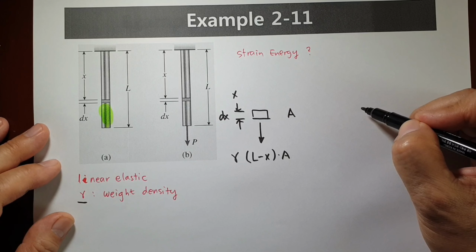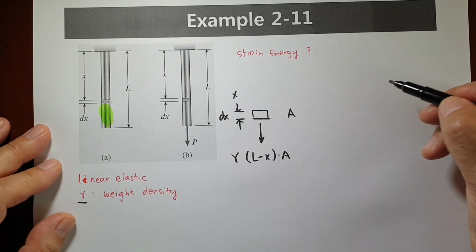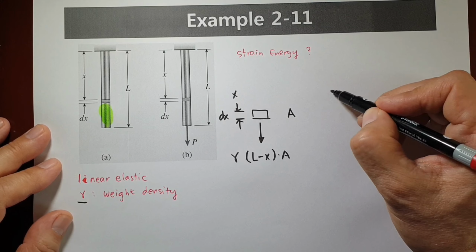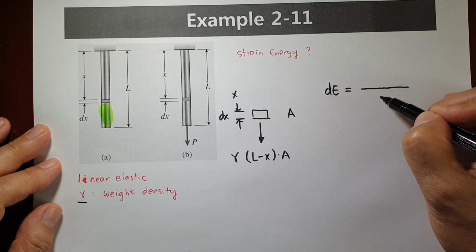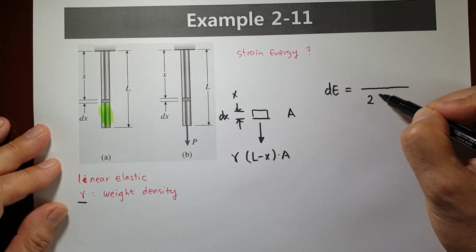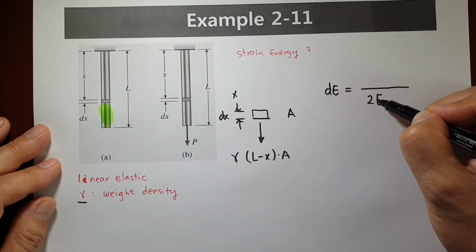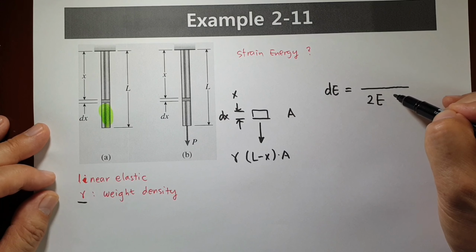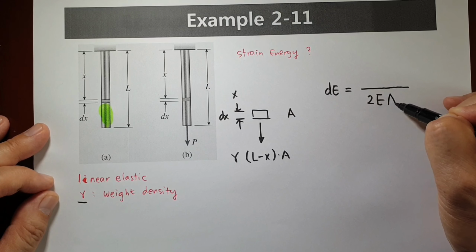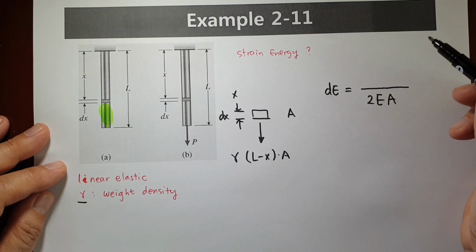we can think of strain energy dE equals P squared L over 2EA.